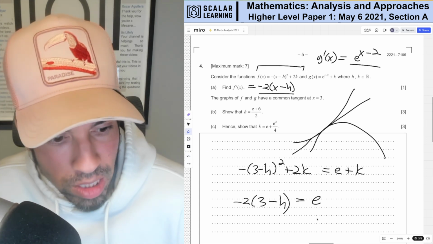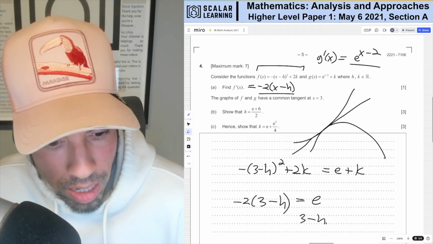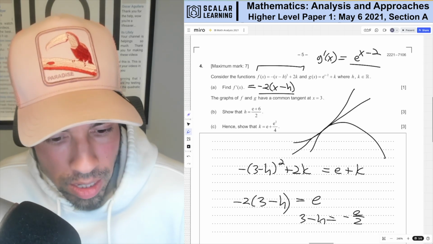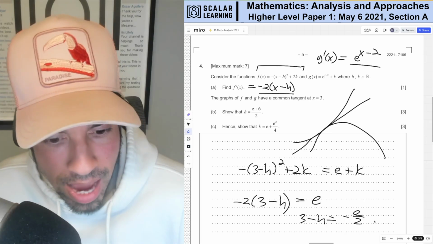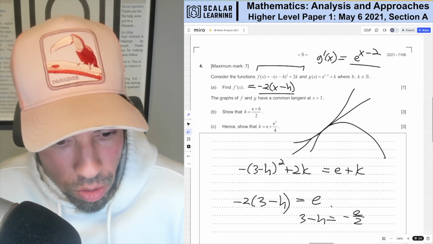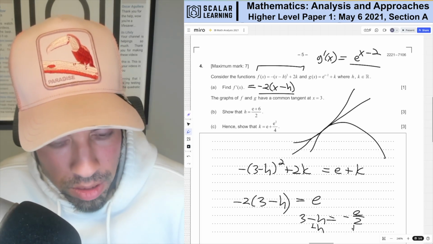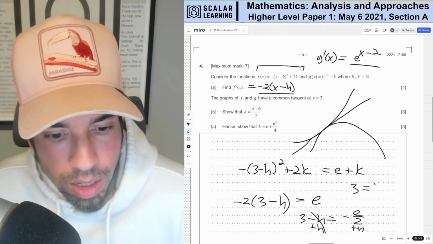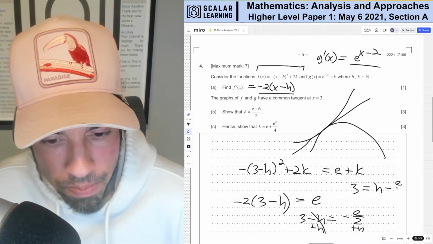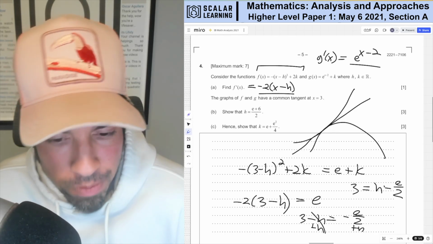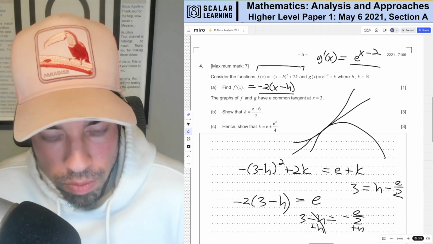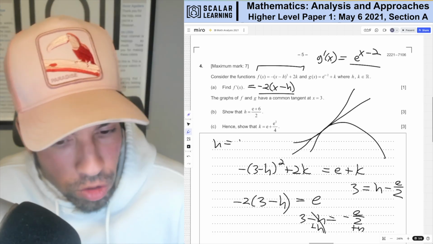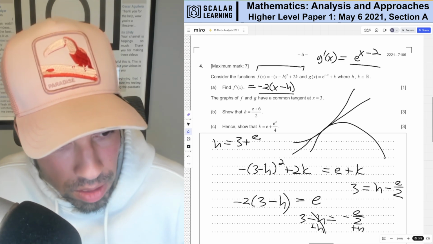So we're going to divide both sides by negative 2. 3 minus h equals negative e over 2. Then just to make life easy, I'm going to add h to the other side, so we don't have to multiply by negative 1 at the end. 3 is equal to h minus e over 2, because it's a positive h. Last but not least, let's add the e over 2 to the other side. So h is equal to 3 plus e over 2.